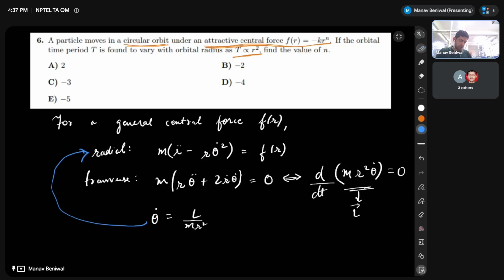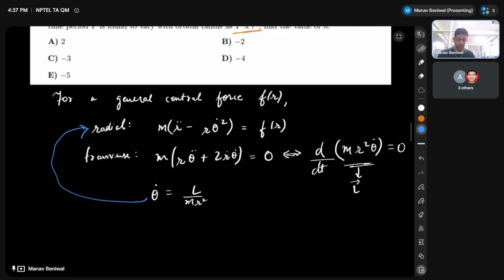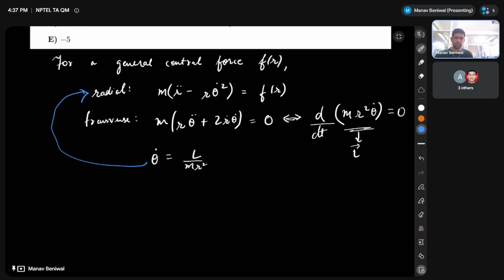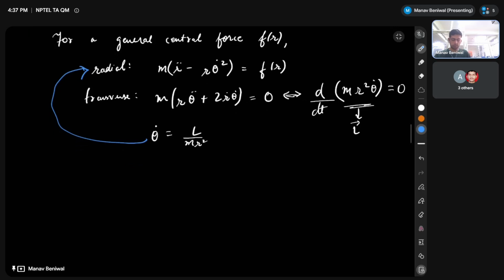What that allows me to do is write an r dependent equation, so we can completely get rid of theta. My equation becomes m r double dot minus m r times theta dot squared, and for theta dot squared I'll have L squared over m squared r to the power 4, equals F of r.